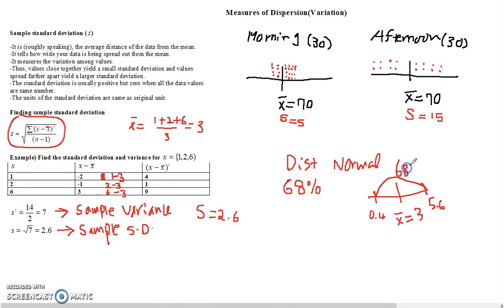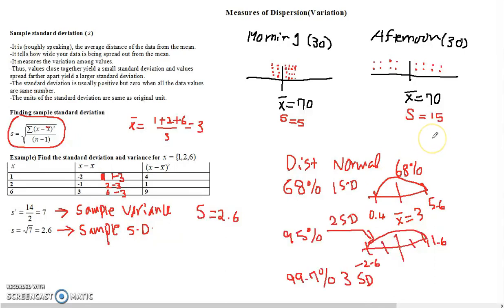About 68% of all data is going to lie between 0.4 and 5.6. So if the distribution is normal, then we can apply this 68, 95, 99.7% rule to the given data.